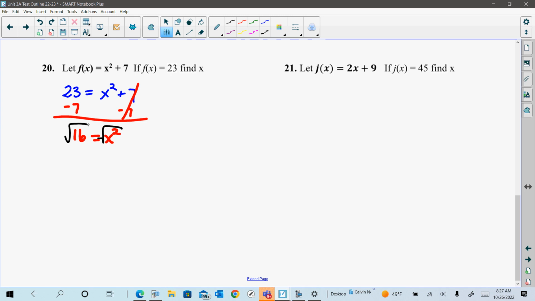This has two answers, guys. Do you know what the value of x is going to be? x is going to be 4, and yes, negative 4. Or you can write it as x equals plus or minus 4. That's a symbol to show a positive and a negative answer in one. Plus minus.